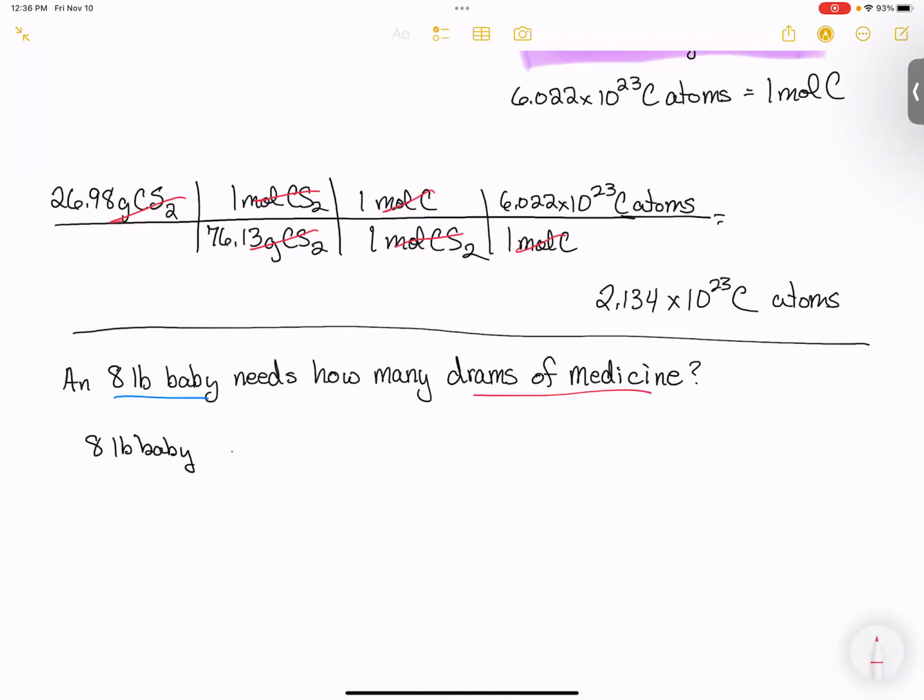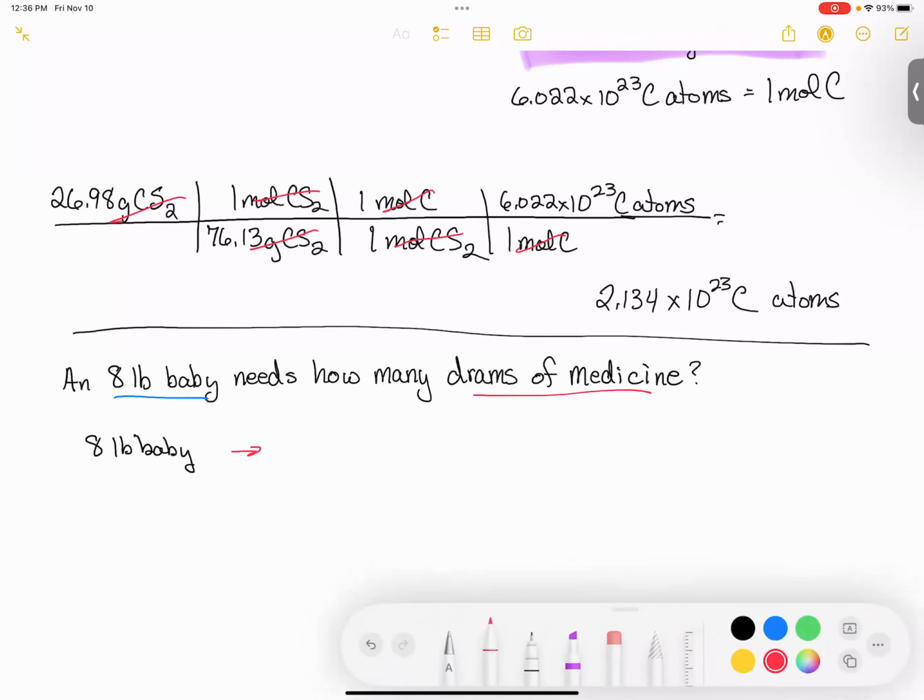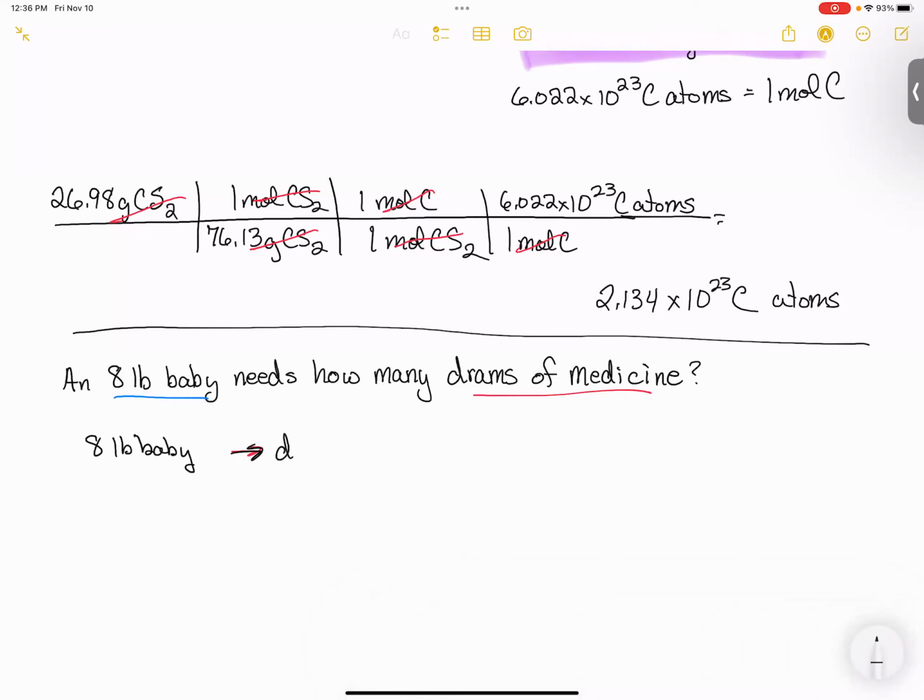I need grams of medicine. Medicine is an apothecary measure, so I'm going to be using the apothecary portion of that top conversion table.